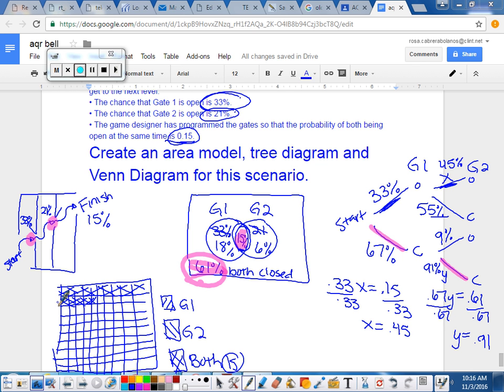Okay. And then according to my Venn diagram, only gate 1 is 18%. So I'm going to color in 18 for gate 1. That's 15, and then I need 3 more. And then finally, according to the Venn diagram, for gate 2, there are 6 of them.